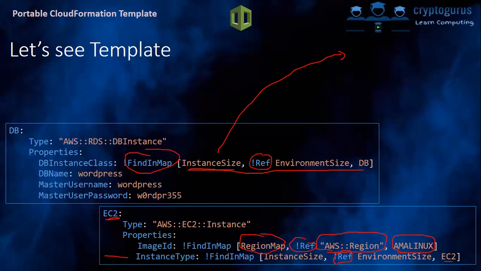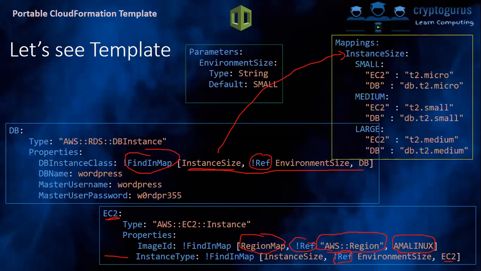So obviously I have to look into the parameters. In the parameters it will find out what the environment size is. The environment size default is small, so that small would come over here and become the key. This is how it would be resolved, and after that it will find the name value key pair.